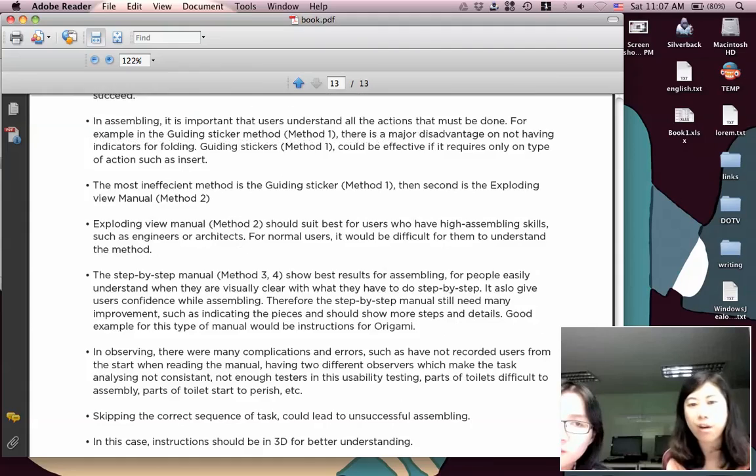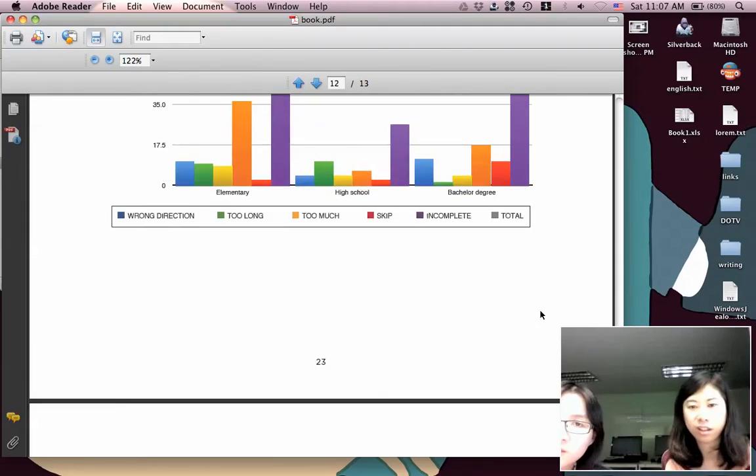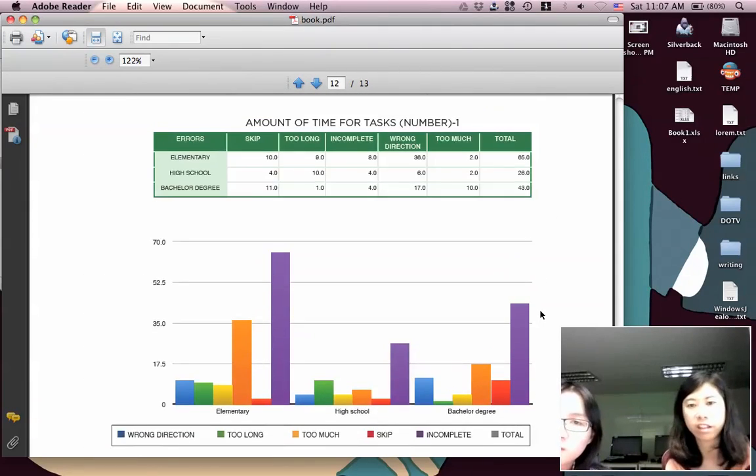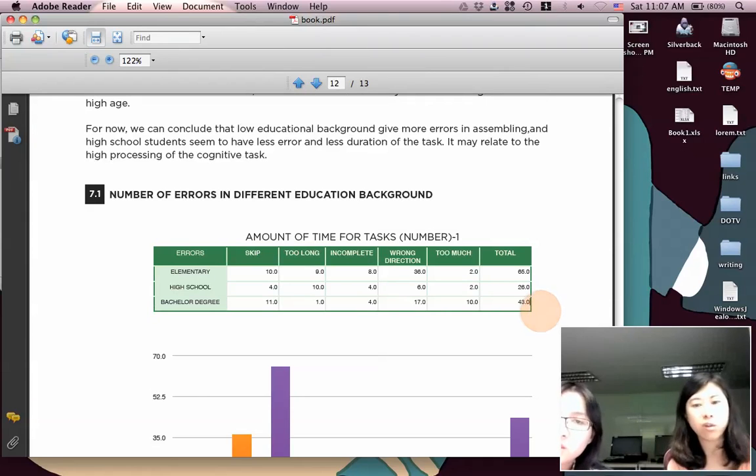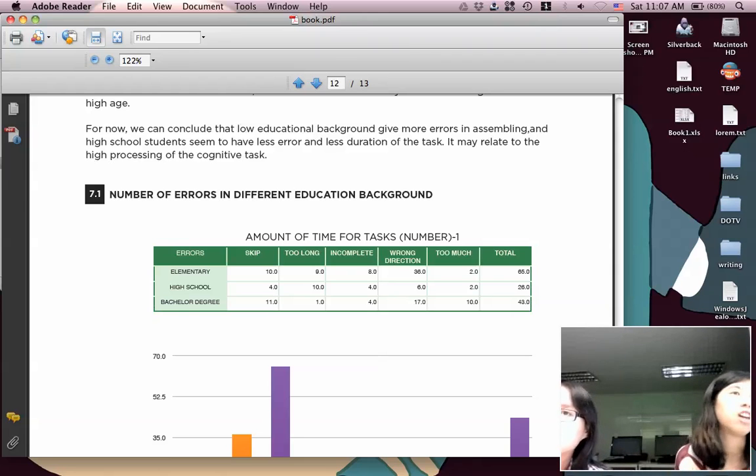Most of the questionnaire we didn't really use because it has a lot of conflict, such as the education and age, and also the experience. They say they have experience, but they use a lot of time assembling, so we couldn't really use it because it has conflict. Contradict. Okay.